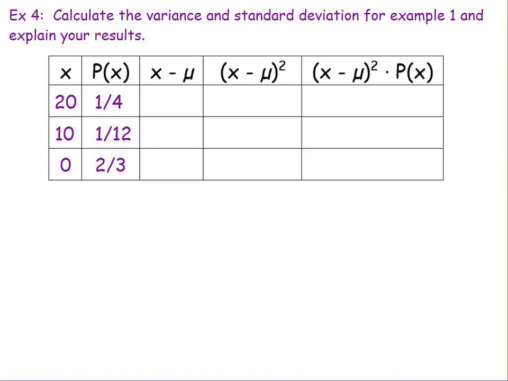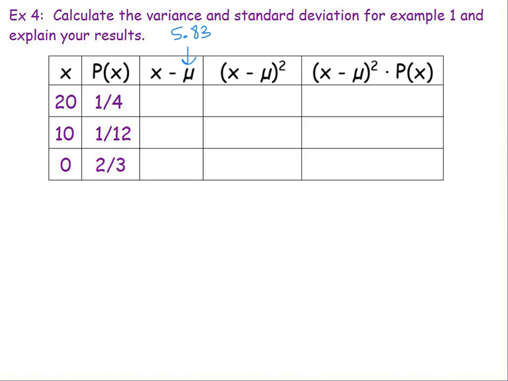Now, the other thing that we need to carry along with us is our expected value. That was this guy right here. If you look back at our previous example, our expected value we found was 5.83. Okay, so that's all stuff from last lesson. So if we go through our table and we look at our little column headings, this first column that we need to fill in, we need to take each x value and subtract $5.83.